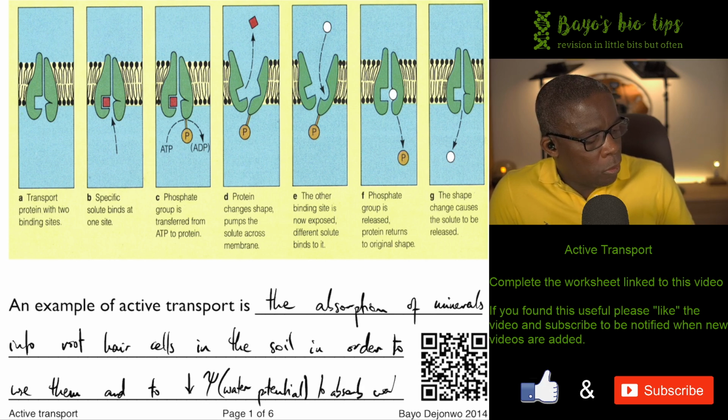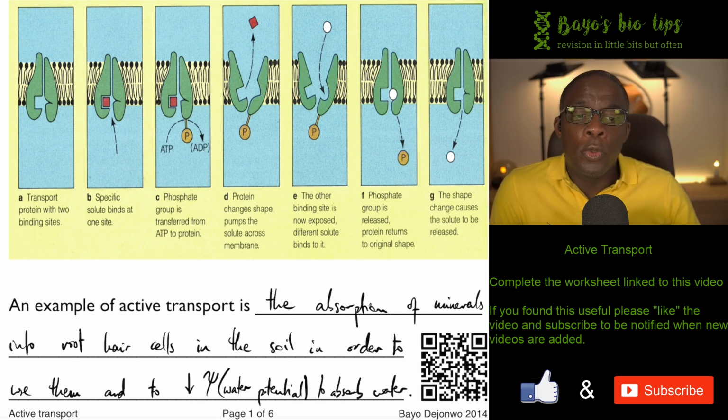It enables the roots to absorb water from the soil, because if you create a situation in which the water potential within the root tissues is decreased, then water is going to be absorbed into the roots by osmosis. So that's one example of active transport.